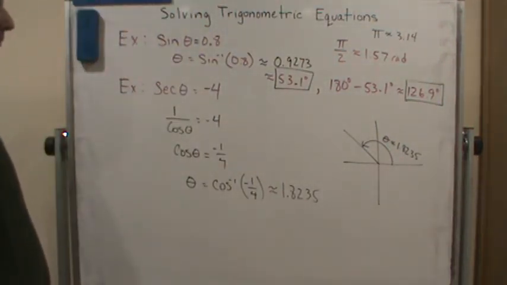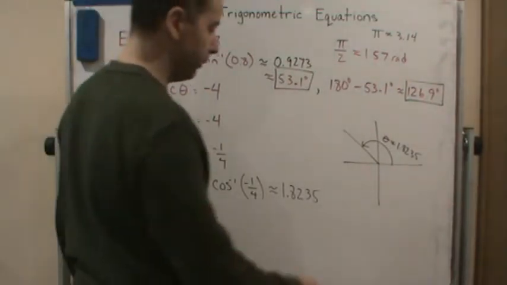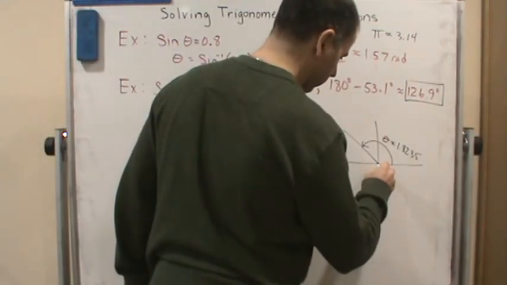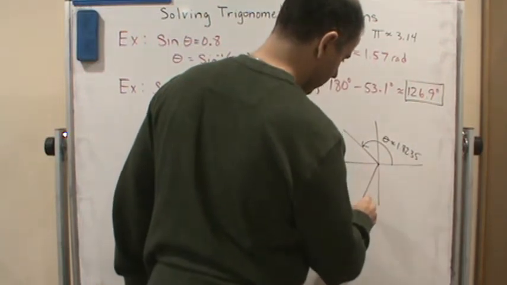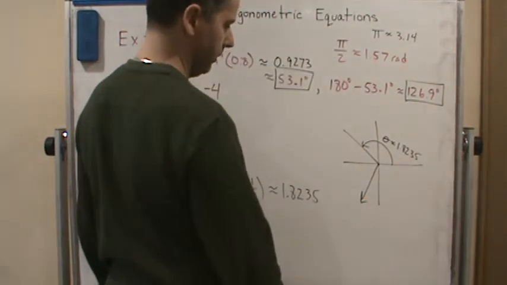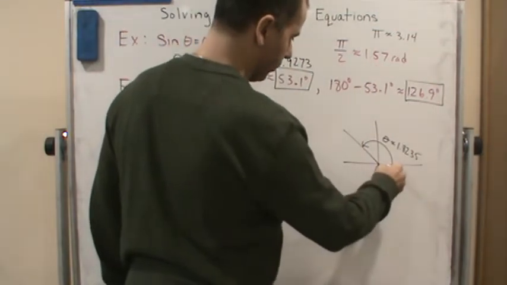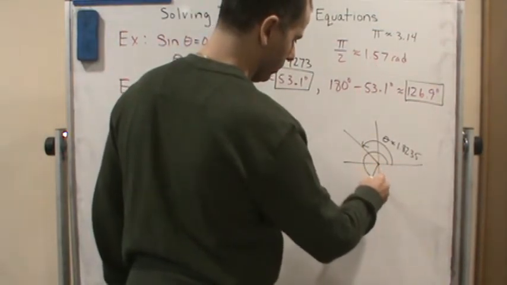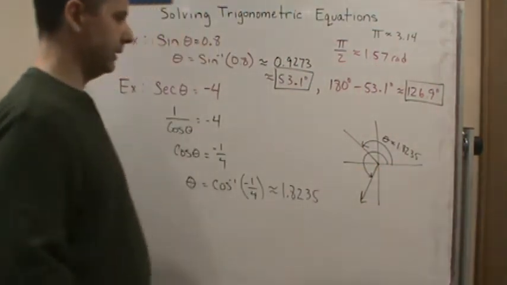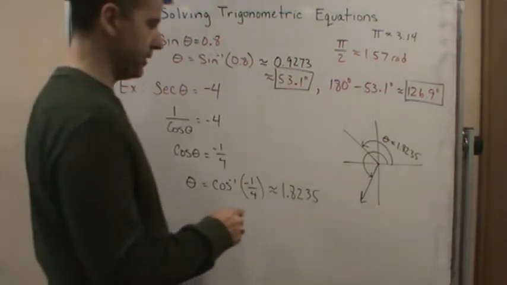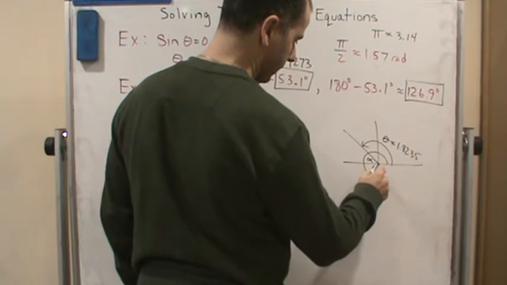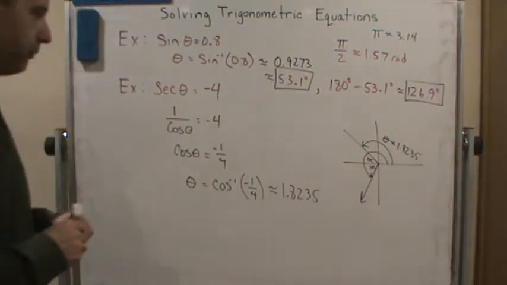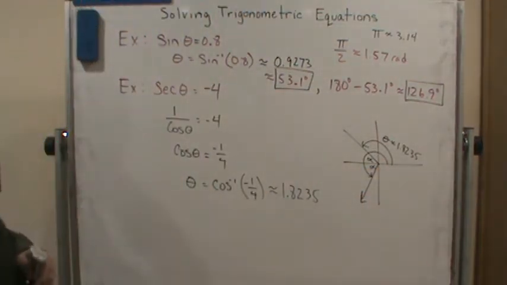So, how do we get the other equivalent angle? We need to get the other equivalent angle to here. That gives us the same reference angle, right? So it gives us the same reference angle, alpha and alpha. Okay? So, how do we do that?